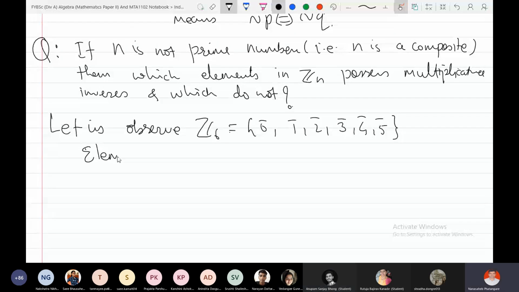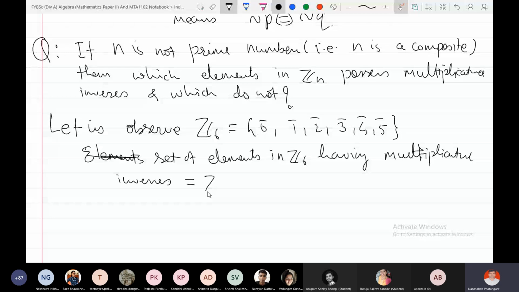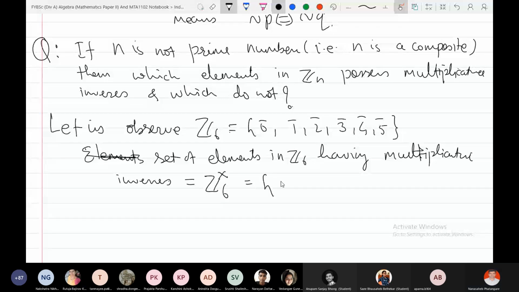So the set of elements in Z6 having multiplicative inverses is 1 bar and 5 bar. I will denote this by Z6 cross, right? So the set of elements having multiplicative inverses, and what are they? 1 bar and 5 bar. Only two, right?